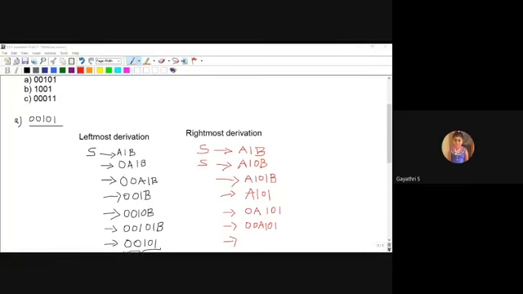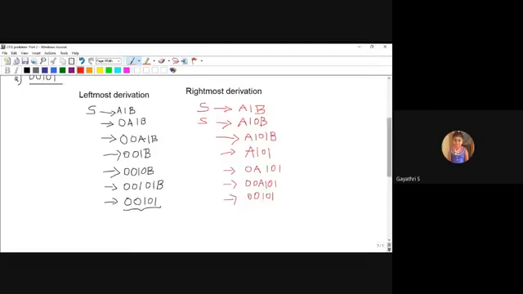Already almost this string is available, 00101. So I replace A with epsilon, giving 00101. So this is our string. The string is reached using our production rules, so the production rules are the right ones.